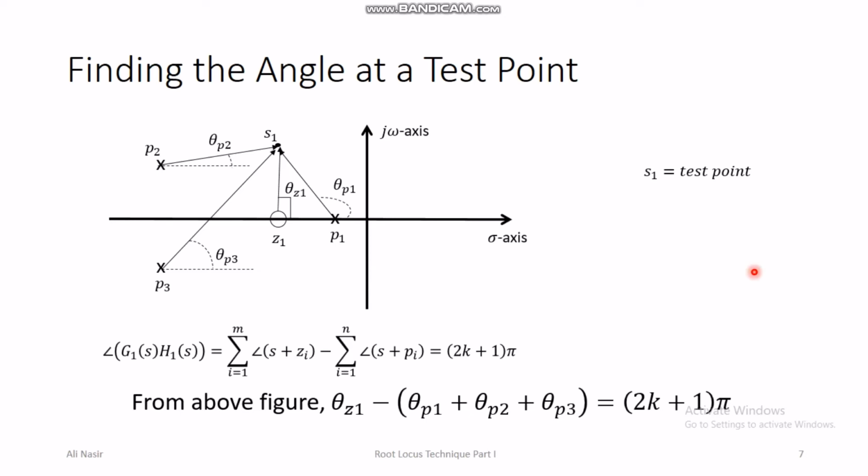Alright, we will also use this angle condition in the future to find different angles, but until then just hold on to this thought: to find the angle at any point, you just have to sum all the angles due to zeros, subtract the sum of all the angles due to poles, and equate it to (2k+1)π, and that is how you apply the angle condition.